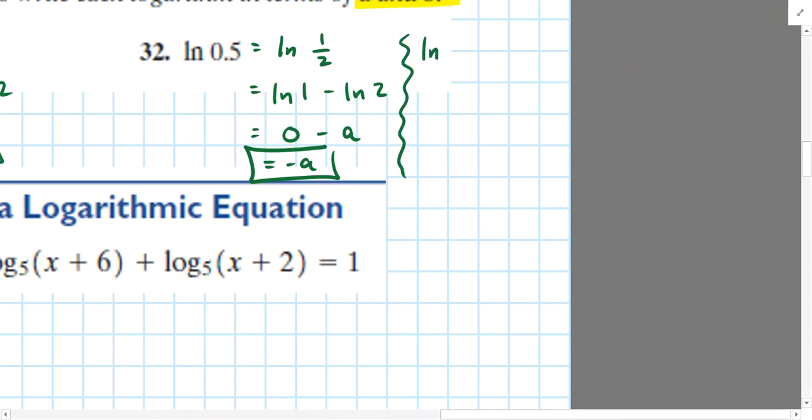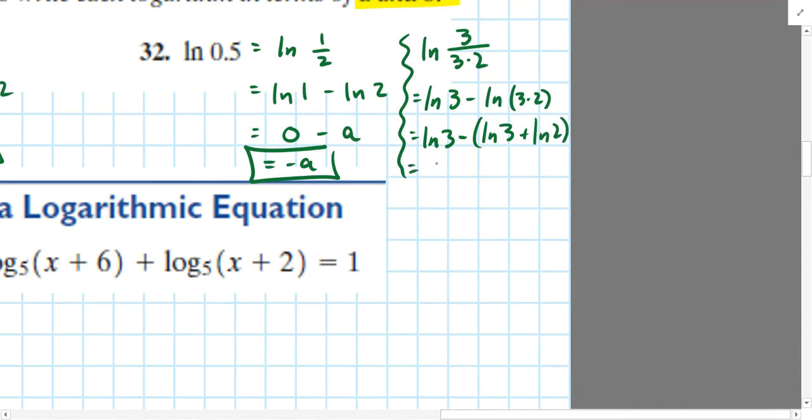If you were real creative, you could have written natural log of 3 divided by 3 times 2. That's natural log of 3 divided by 6. That's the same as 1/2. And you could have created the natural log of 3 minus the natural log of 3 times 2, which would have been, of course, natural log of 3 minus the natural log of 3 plus natural log of 2.